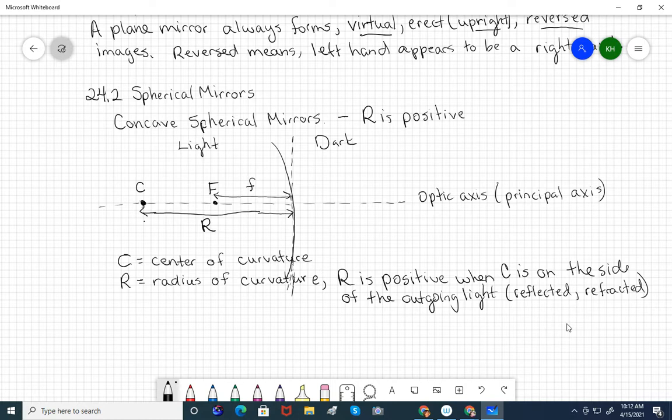Okay. F is a point called the focal point. You'll see why it's called the focal point in a minute. And it is located halfway between C and the mirror.